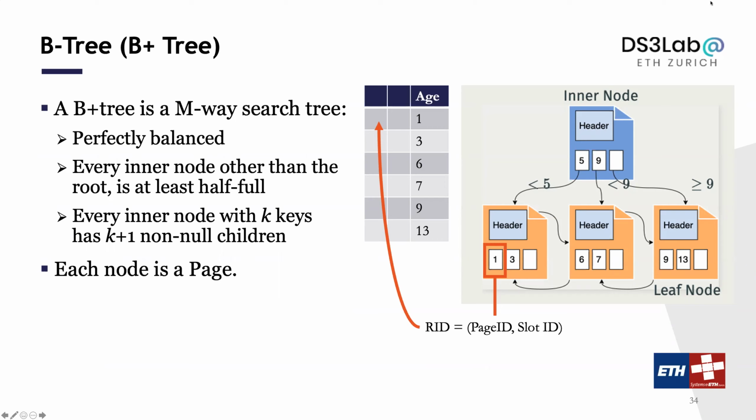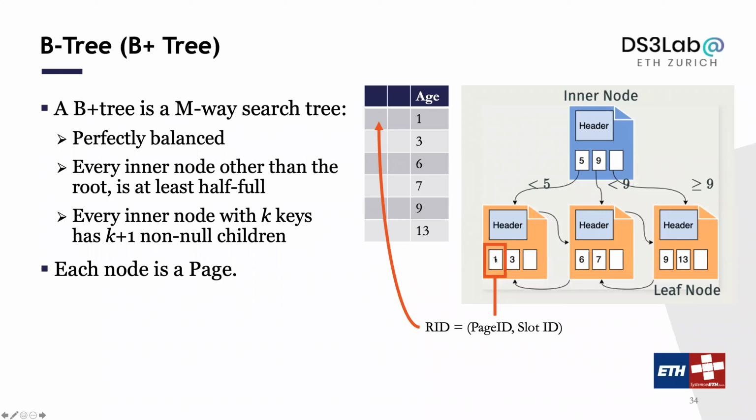This is one very simple example. Assuming in this relation I have 6 tuples, and assume every single page can keep essentially 3 keys. I have my leaf nodes of the tree. Each one of them contains, for example, 2 tuples.